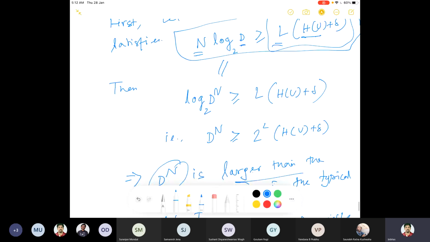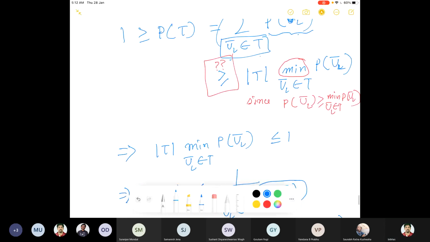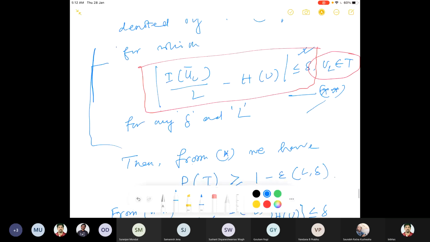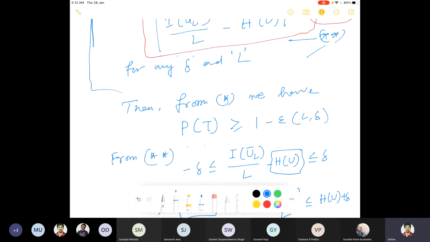Guys, can you give a bound here? Look at this equation, or you can see it here.